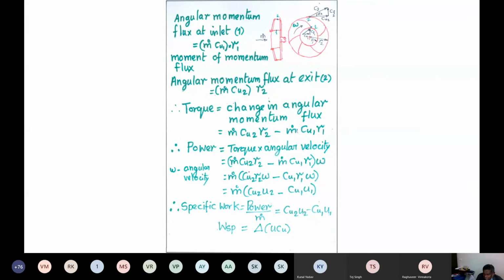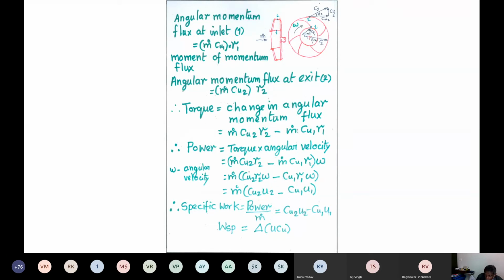Now, what exactly is the Euler turbomachinery equation? This equation tells you what changes in the velocities are required for a given energy transfer. The specific energy is equated to specific work.